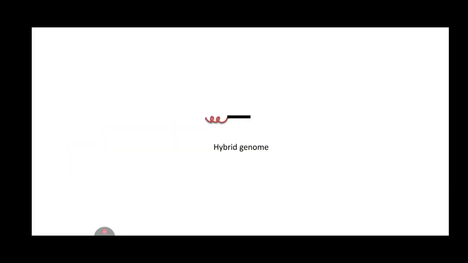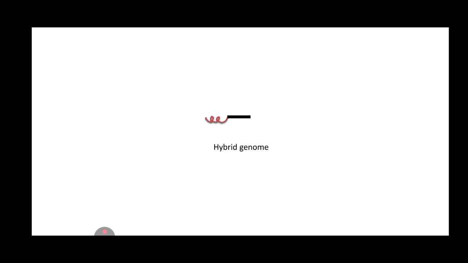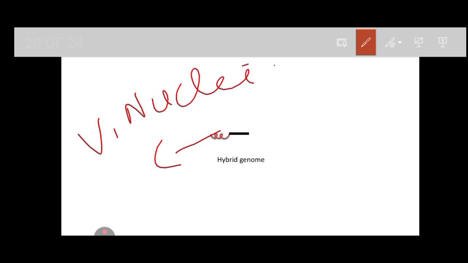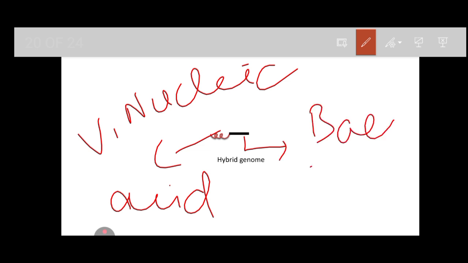This is called a hybrid genome, because this is viral nucleic acid, and this black area is the bacterial chromosome. I told you, if the excision is not precise, sometimes a fragment of bacterial DNA comes along with viral nucleic acid.